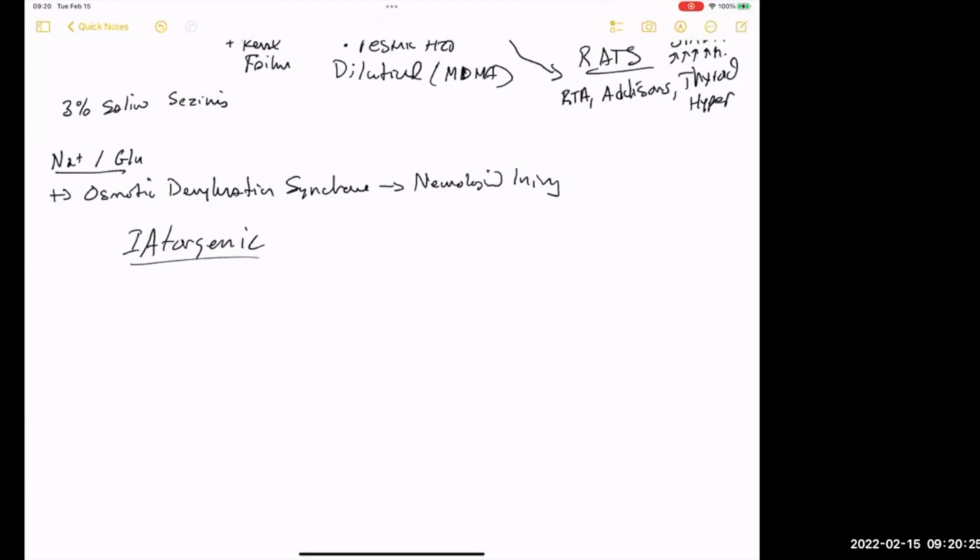So the general rule of thumb is never change sodium by more than 1 milliequivalent per liter per hour. All right, so our goal, if we're correcting sodium, if we want to increase it, is by about 0.5 milliequivalents per liter per hour.